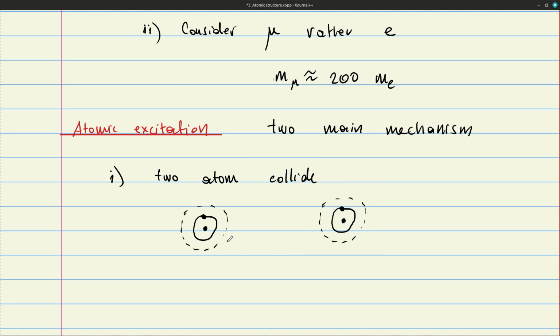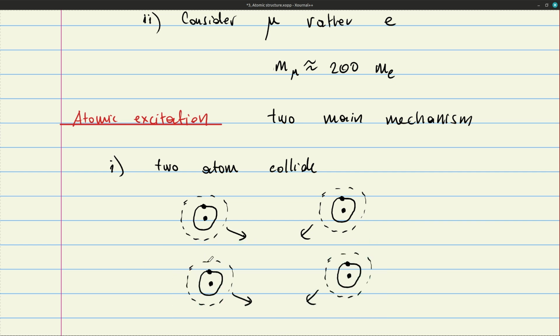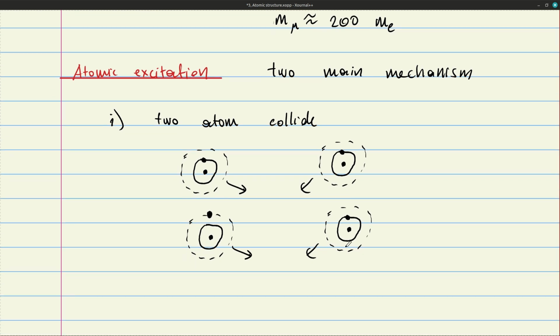So they collide, and after the collision, for example due to the kinetic energy, you excite one of these electrons to here, maybe both if you have enough kinetic energy. This is going to take place in a gas chamber. There will be many atoms experiencing many different collisions. Some of them are going to have this, some of them are going to have different things.